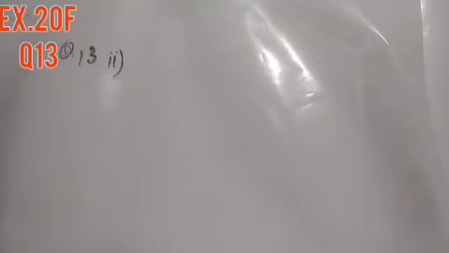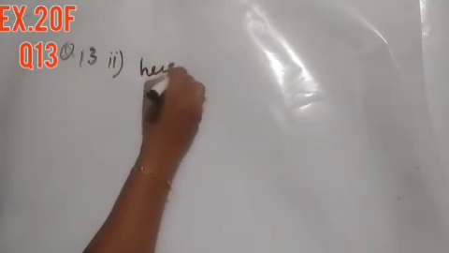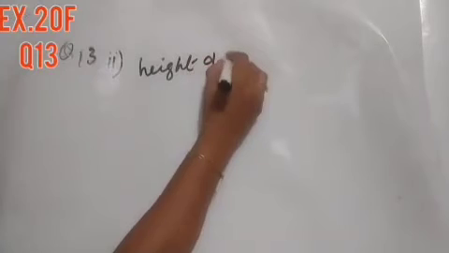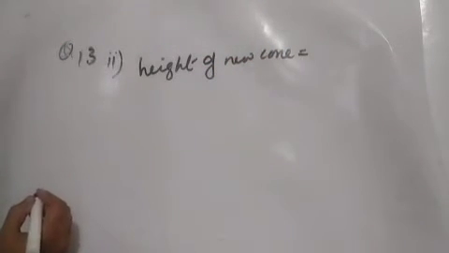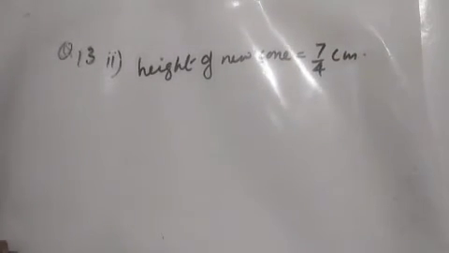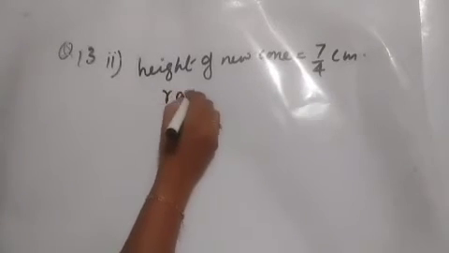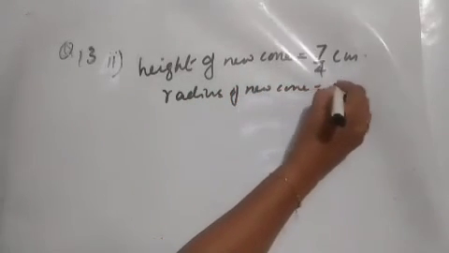Now the next question is the 13th question, second part. If this cone is replaced by another cone whose height is 7 by 4 centimeter and radius of whose base is 2 centimeter, the radius of the new cone is 2 centimeter.